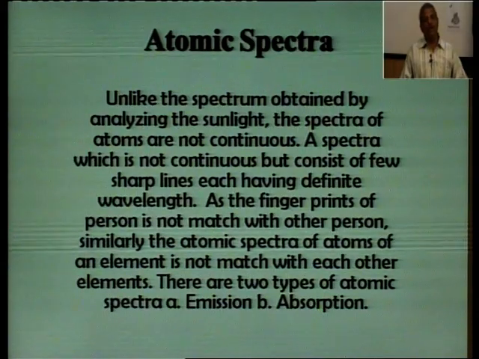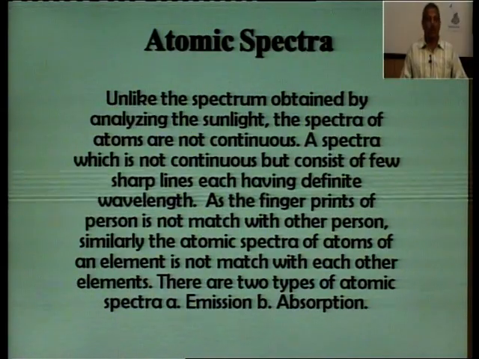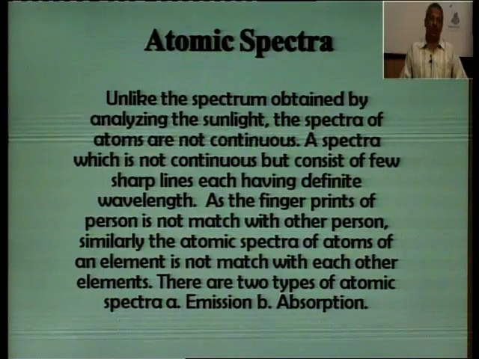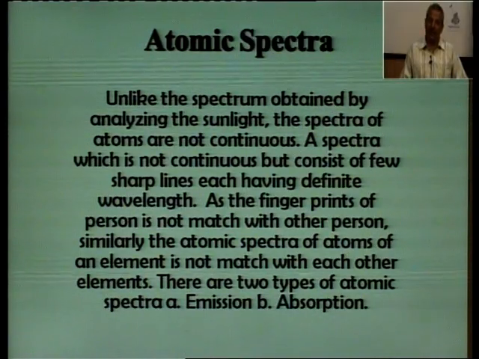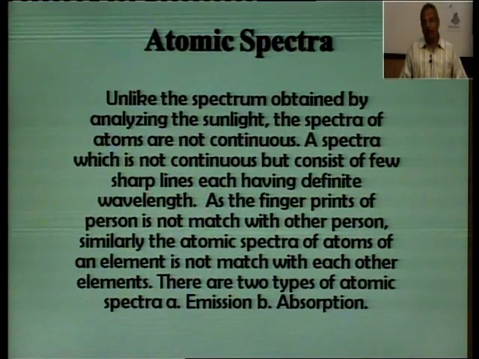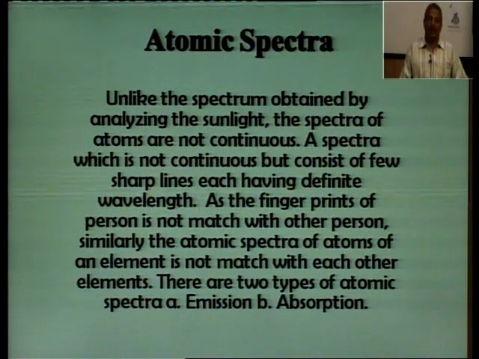When we observe the atomic spectra of the hydrogen atom, different bands are obtained by passing the electromagnetic radiation through the prism.